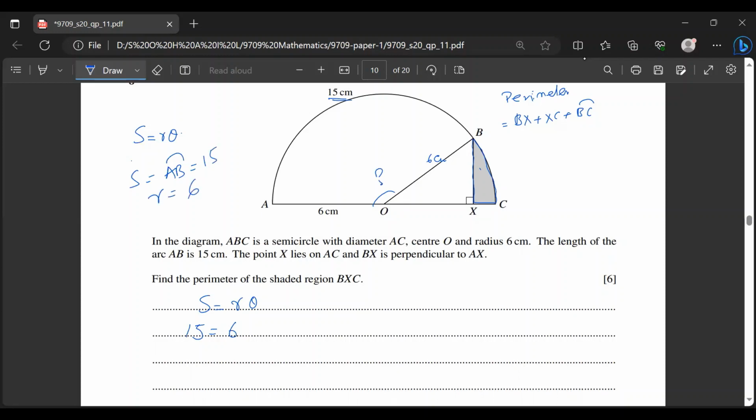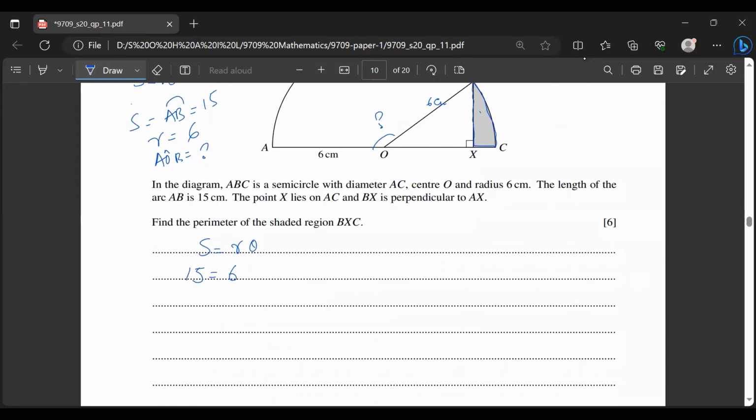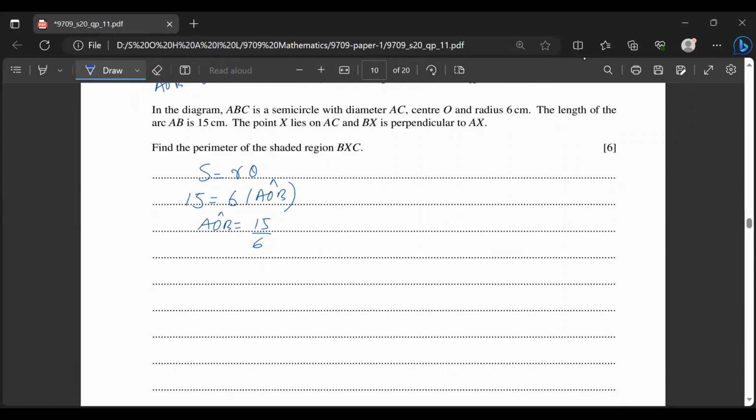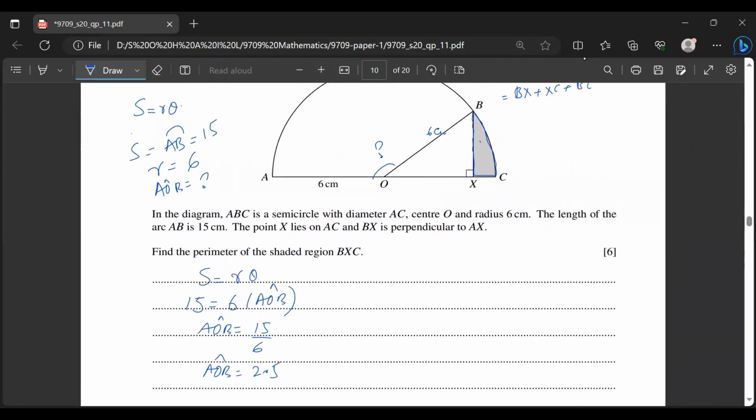I'm looking for this angle, angle AOB. So angle AOB, theta, equals 15 over 6, which in decimals is 2.5. So this is 2.5 radians.